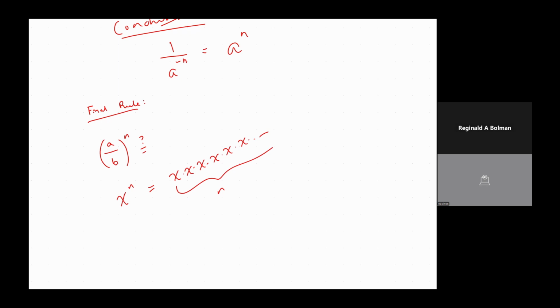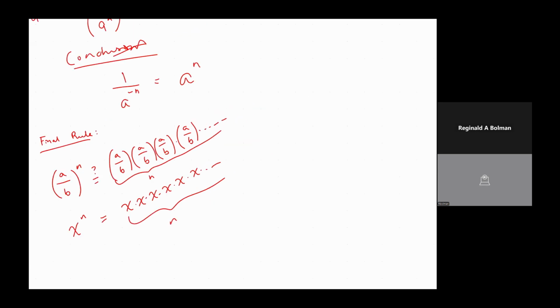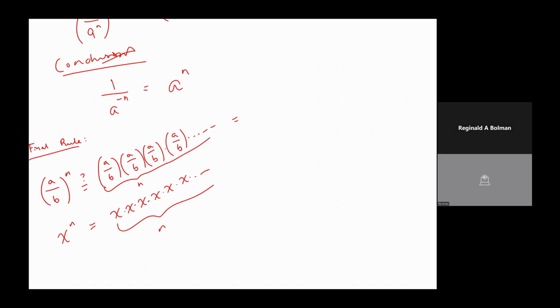We're going to have a over b times a over b times a over b, times itself n times. But what happens is pretty interesting. Because a over b is multiplied by itself n times, and you multiply your fractions across the numerator and across the denominator, you'll have a multiplied by itself n times, and you'll have b multiplied by itself n times.